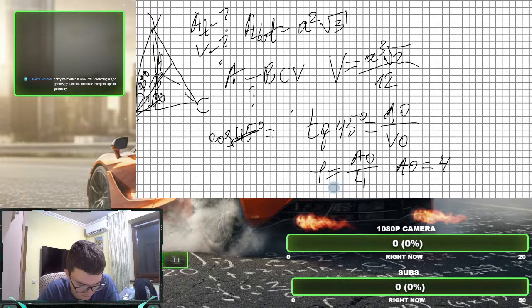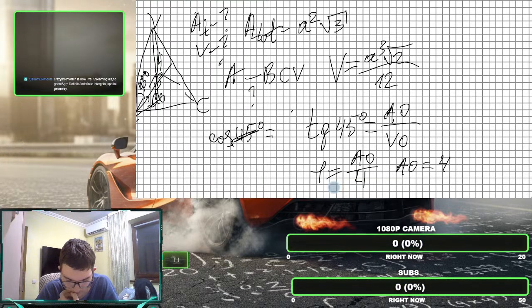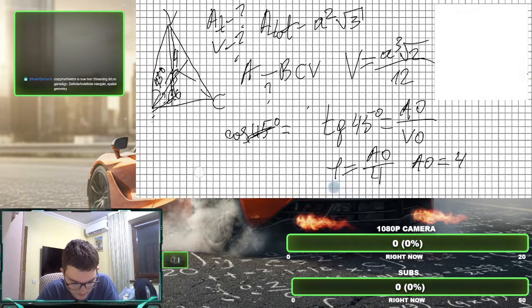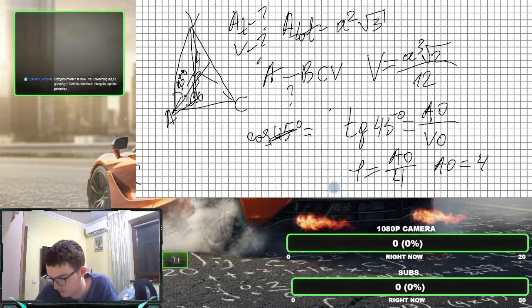Okay. In A, like from where did you get that? From where did you get this? Square root of 3 divided by 6. From where?